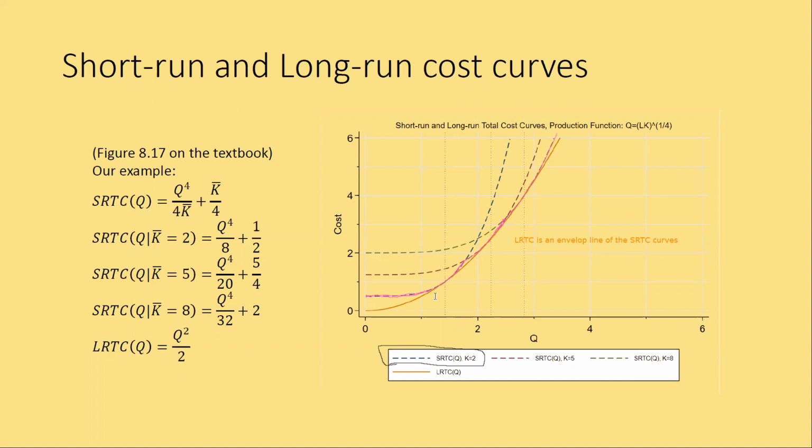This pink line does not perfectly coincide with the orange solid line because I've only drawn 3 short-run total cost curves. But if I draw infinitely many of them, and we take the smallest value of all of them, the orange solid line is what we get, and that is the long-run total cost curve.